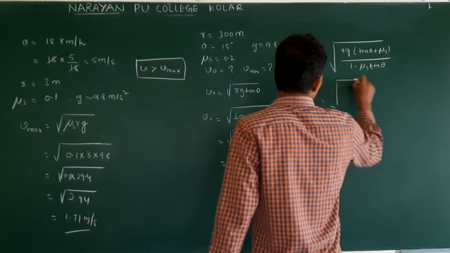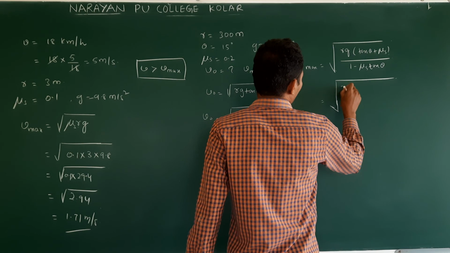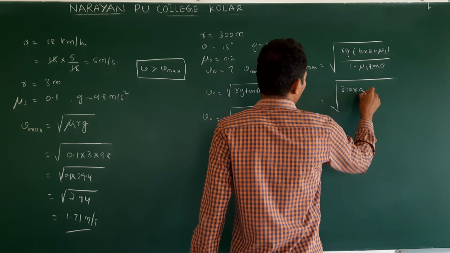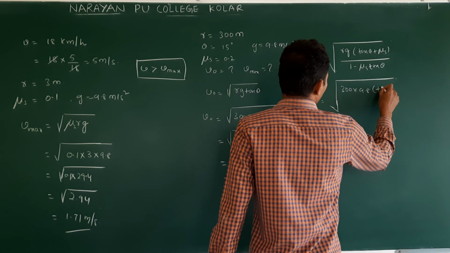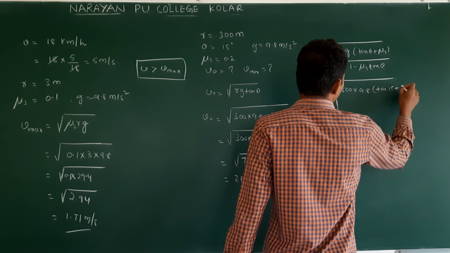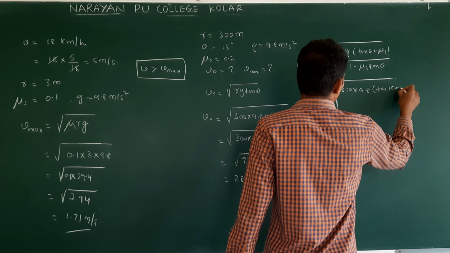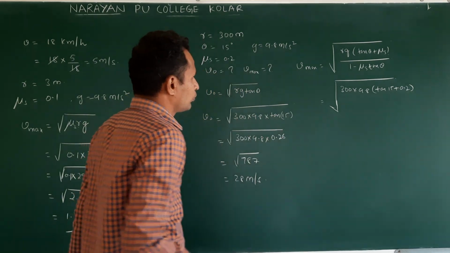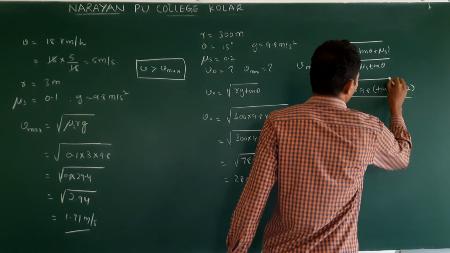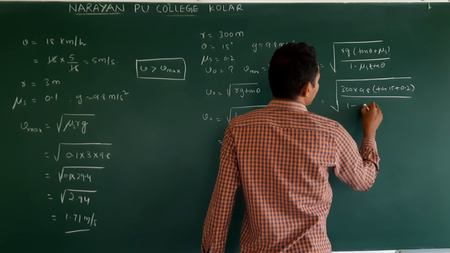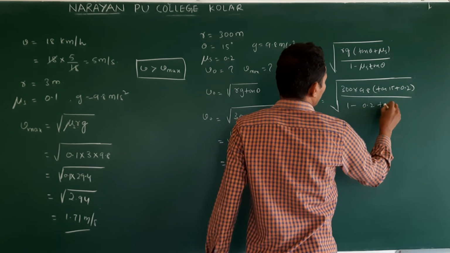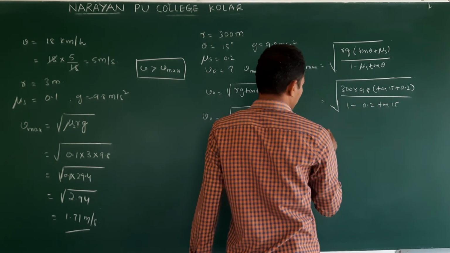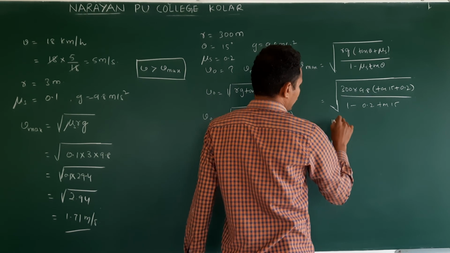Under root of 300 into 9.8 into tan 15 plus 0.2 by 1 minus 0.2 tan 15.